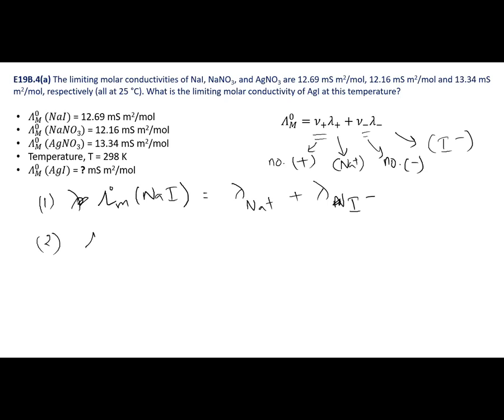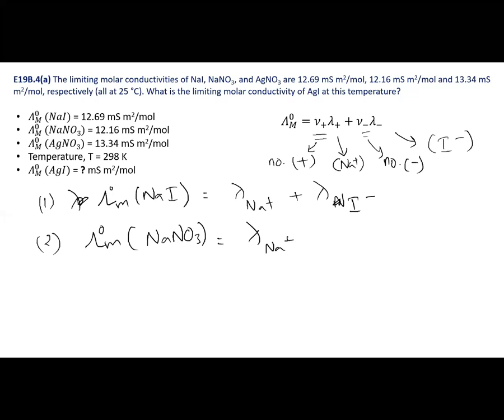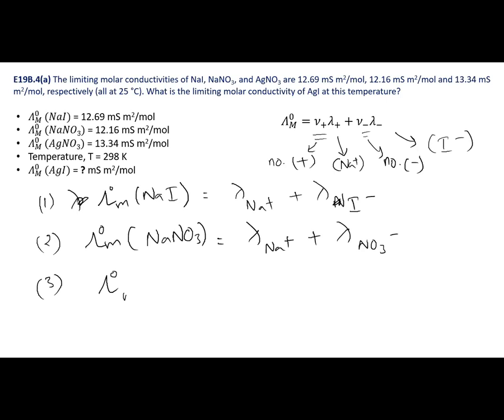I can similarly rewrite the other equations. Lambda m of NaNO3 is equal to lambda sub Na plus lambda sub NO3 minus. And the third one, lambda m of silver nitrate is equal to lambda sub Ag plus lambda sub NO3 minus.